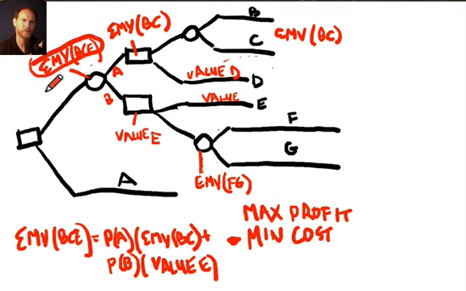And the last thing we would do is compare that value with this value. And whatever is the lowest, because we're minimizing cost, that would be the decision that we would make. So let's just say in this case A is lowest, so that means we would choose this alternative for our decision. And that's how we collapse a decision tree.